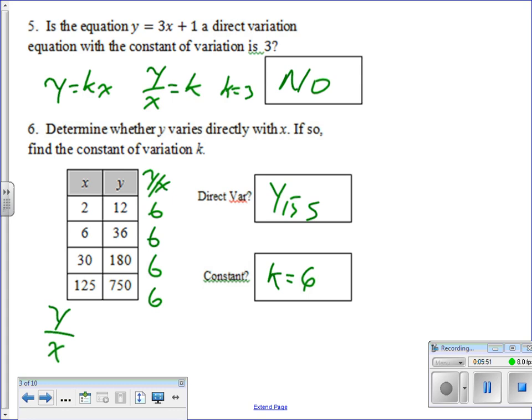Yeah, no, you don't grade the tests, I do. There are 2 possible correct answers there. And then this one, there is 1 possible answer. If this is yes, you answer this. If this is no, there's no need to answer that one because it's not direct variation. There is no constant of variation if it's not direct variation. This should only be filled in if that one is a yes.